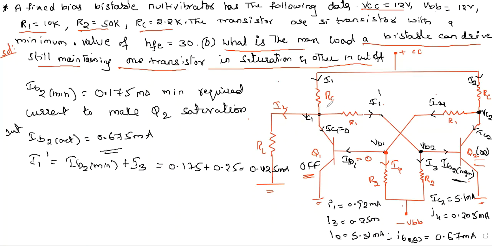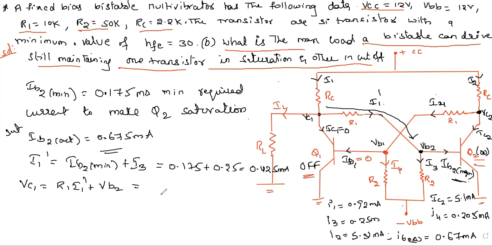Now apply KVL with the assumed current 0.425. The modified VC1 is equal to R1 times I1 dash plus VB2.